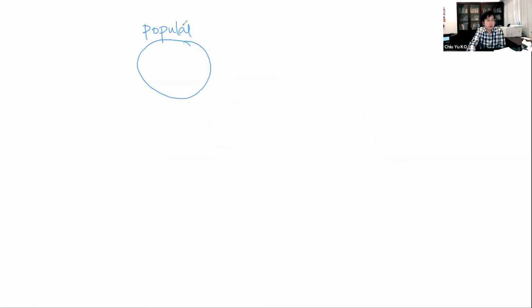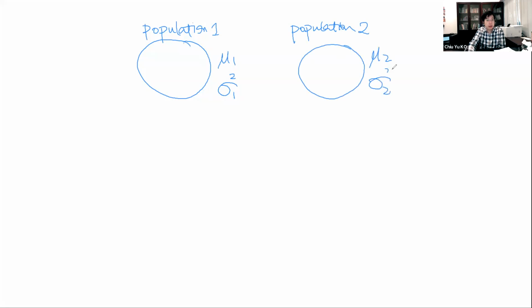We have population 1 with mu1 and now sigma 1 squared. And population 2 will be mu2, sigma 2 squared.